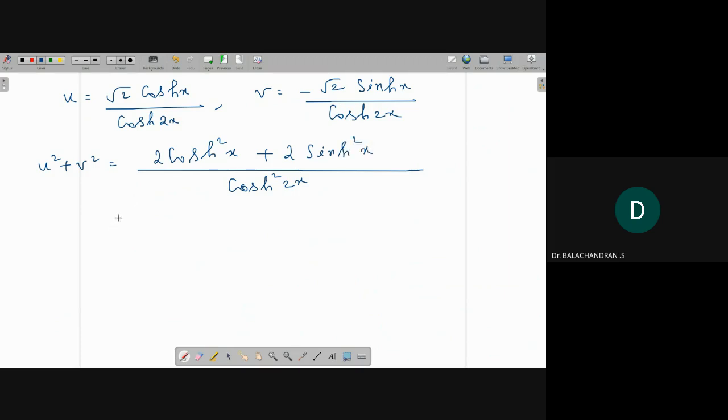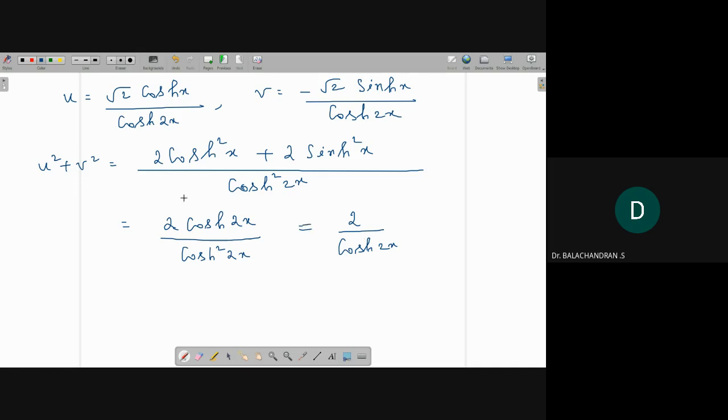So you can take the 2 commonly. Cos h square x plus sin h square x is what? Just now we proved, cos h2x. Okay, cos h2x divided by cos h square 2x. So after cancelling cos h2x, you'll get 2 divided by cos h2x. So this is u square plus v square.